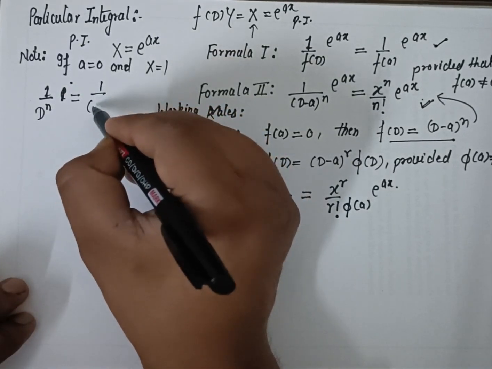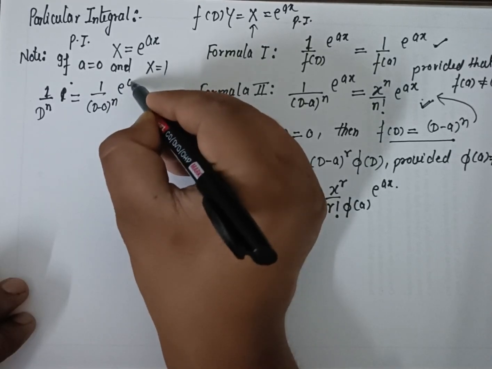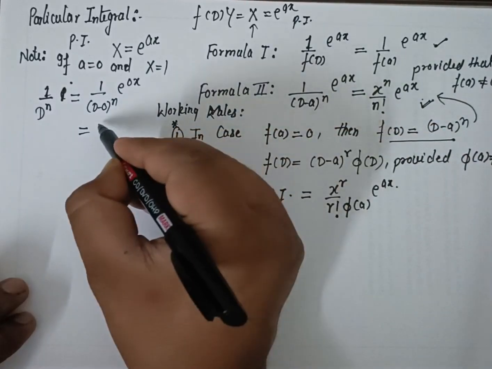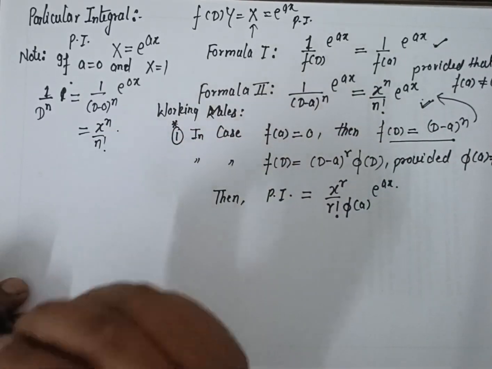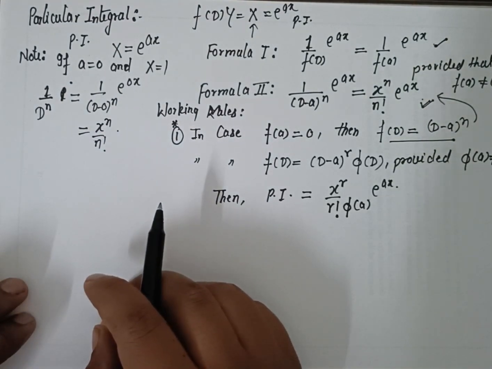You can write it as (D minus 0) to the power n and e to the power 0x, obviously. So you can apply this formula and simply write x to the power n upon n factorial.